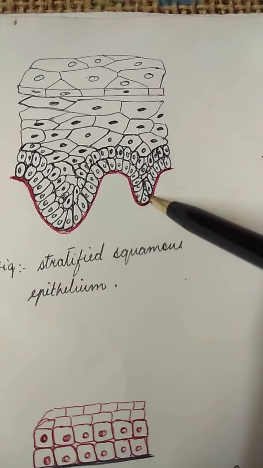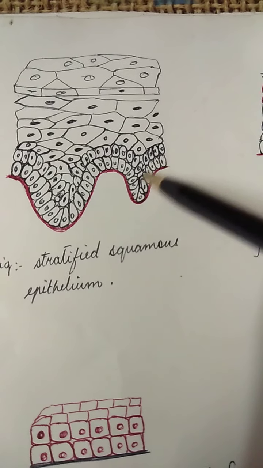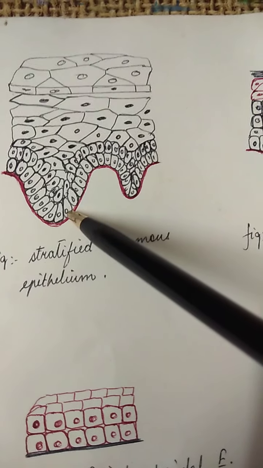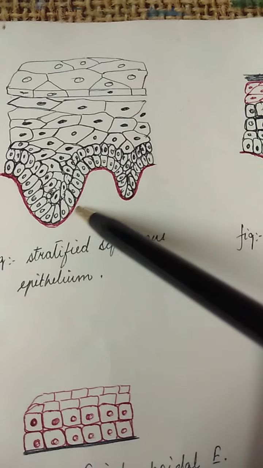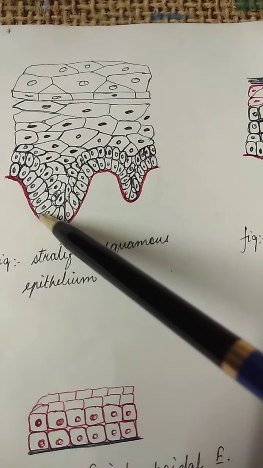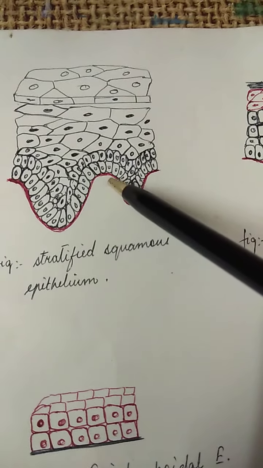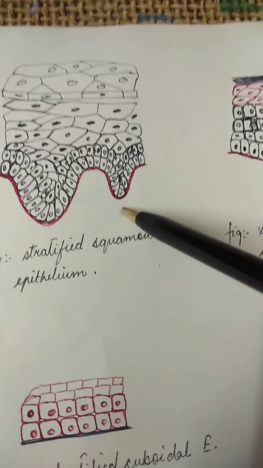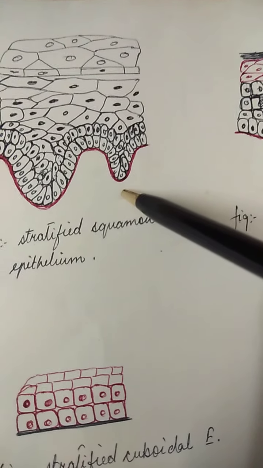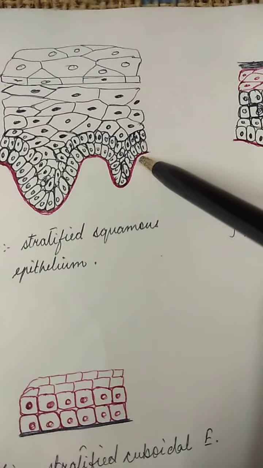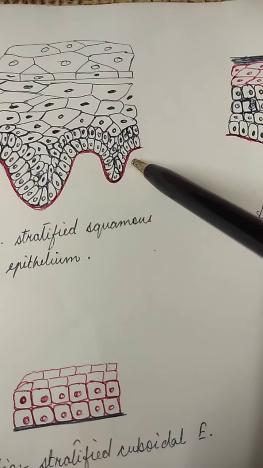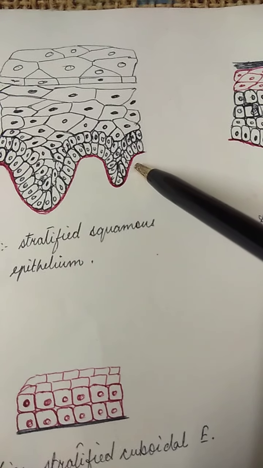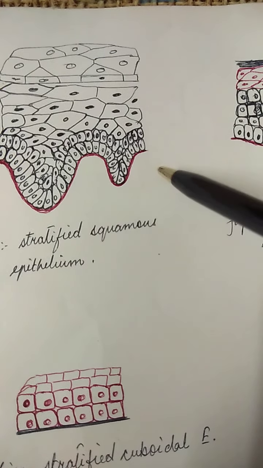Only the cells of the deepest layer, as you can see here, this portion, rest on the basement membrane. It provides protection to underlying tissues against mechanical, chemical, thermal, or osmotic stress.